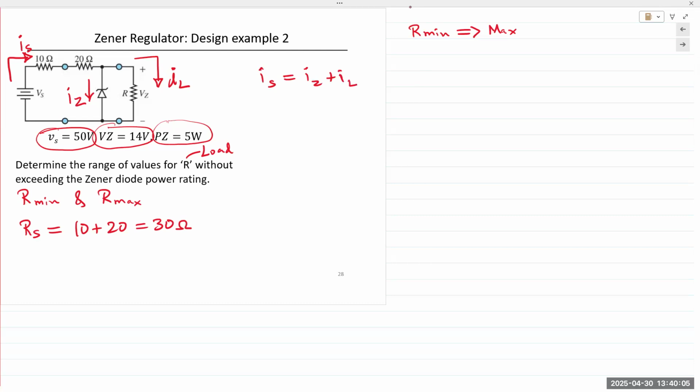So the maximum value of IL for a given value of IS can only be possible when IZ is equal to 0. At that point, IL is simply equal to IS. The load current is equal to the total supply current. All of the current coming from the supply is going through the load.